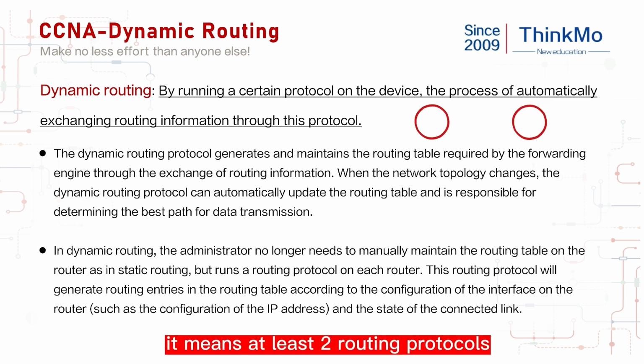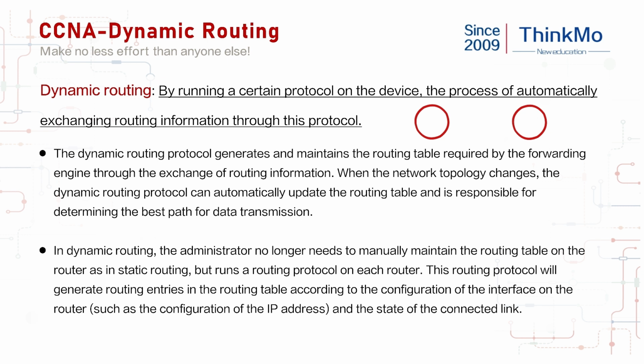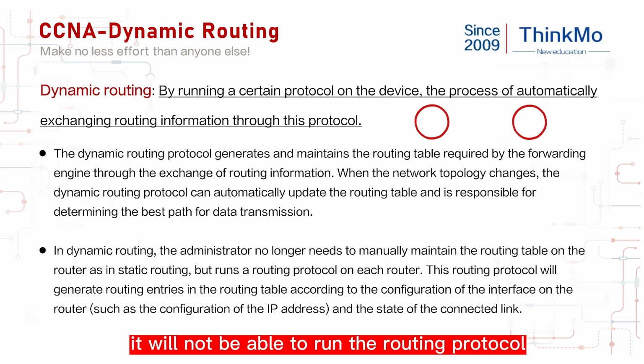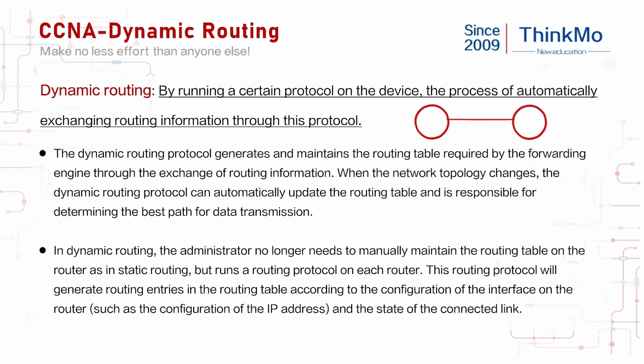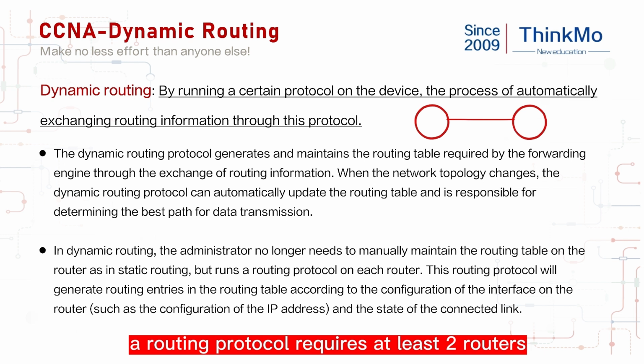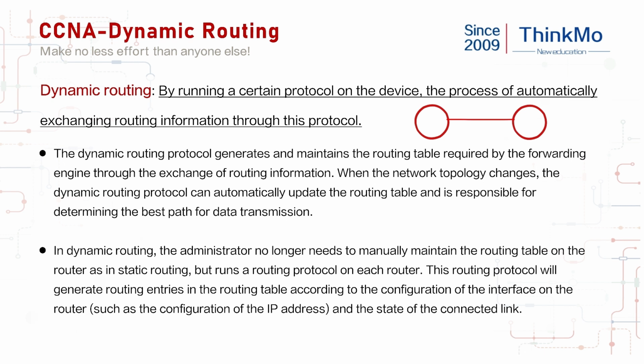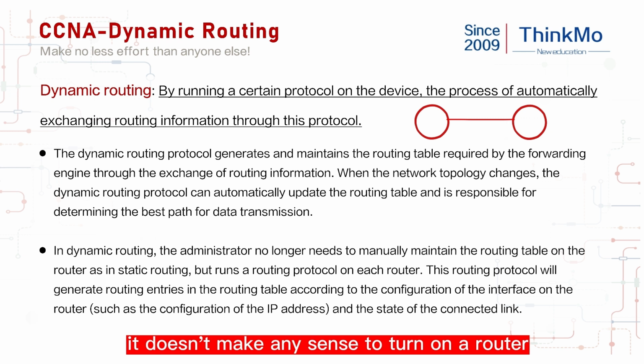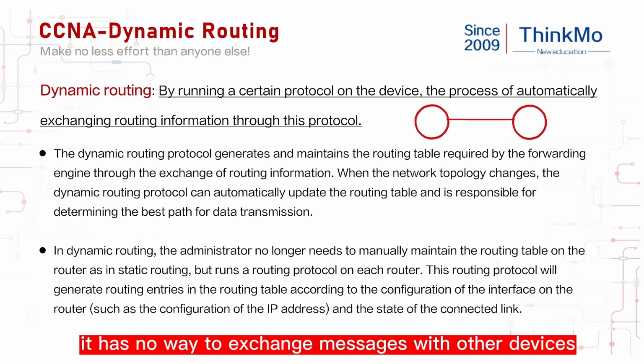It means at least 2 routers are needed, because a routing protocol cannot run with only one router. A routing protocol requires at least 2 routers. It doesn't make any sense to turn it on with one router, as it has no way to exchange messages with other devices.